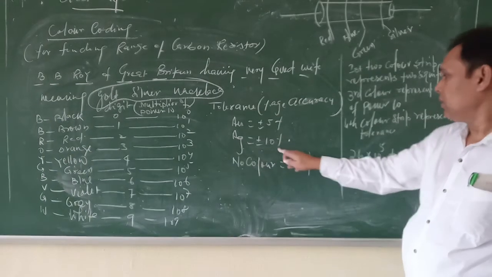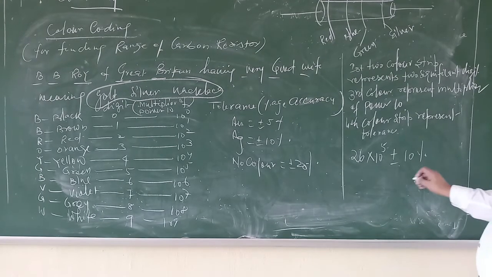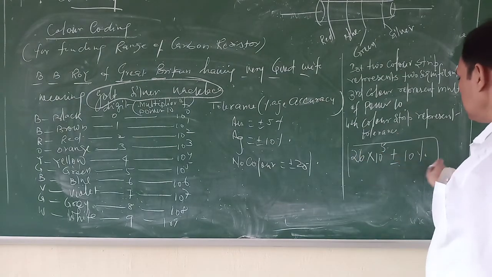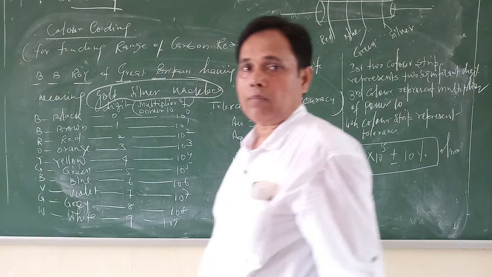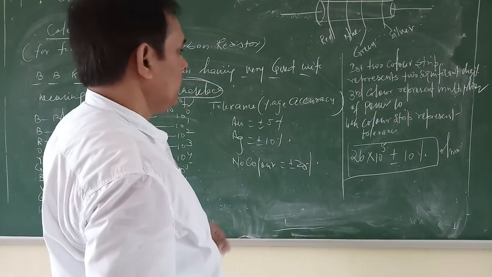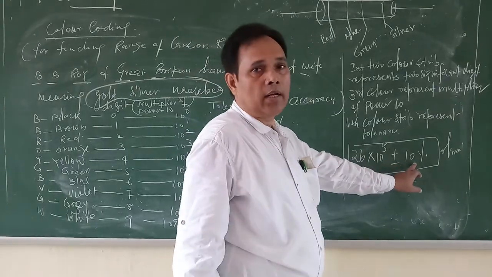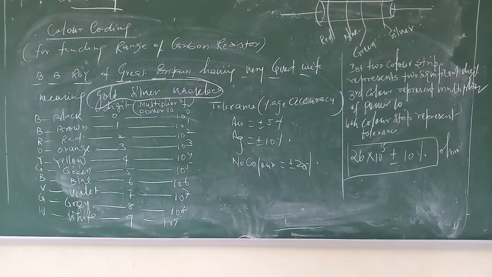For silver color strip it is 10%. So this is the range of the carbon resistor, this much ohm. If the fourth color is not given, then tolerance will be plus minus 20% for no color.